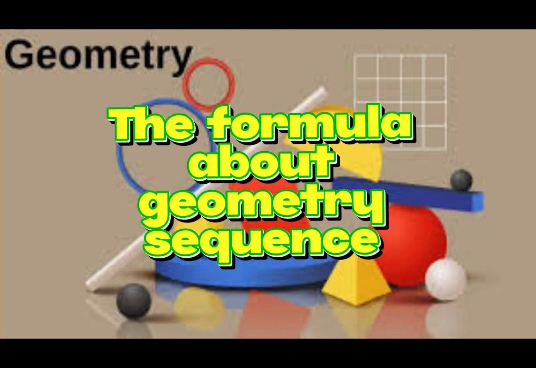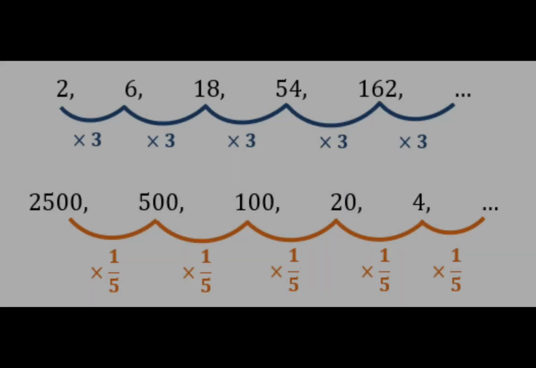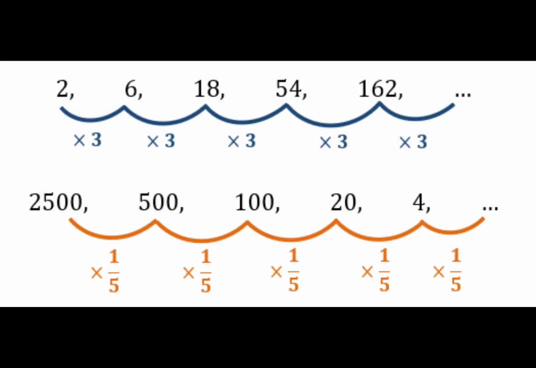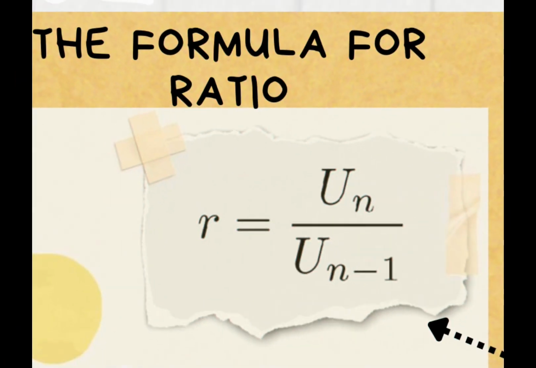So, the geometry sequence is divided into two materials: the definition and the formulas we use for this geometry sequence. The second, I want to tell you about the formulas. The formulas are to find the ratio, and to find the Un and the Sn.